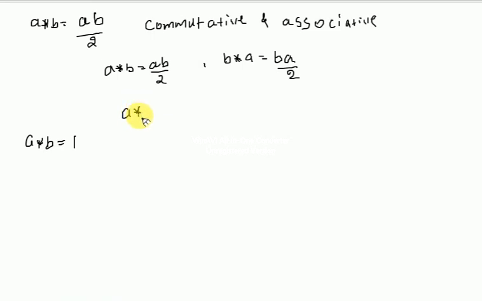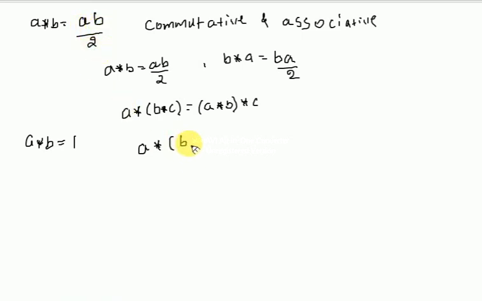Then how to prove associative? To prove it as associative, we need to prove (a star b) star c is equal to a star (b star c). So first, what is b star c? As I have explained earlier, this operation is defined as taking the first element into the second element divided by 2.